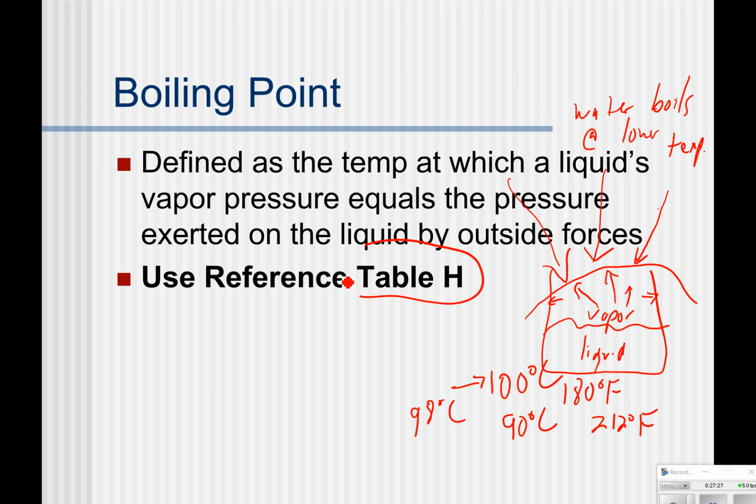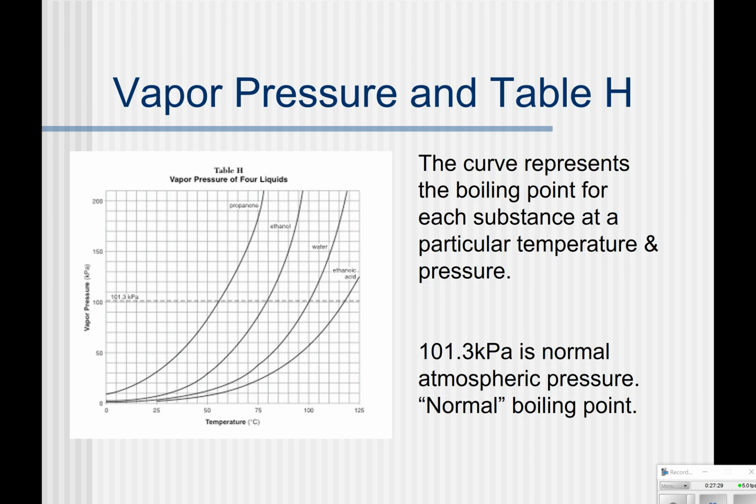Now we're going to use Table H to learn a little bit more about vapor pressure. On this table, you have 4 different curves, and each curve represents the boiling point for one of those 4 substances at a particular temperature and pressure. You can see that this curve changes as temperature increases.